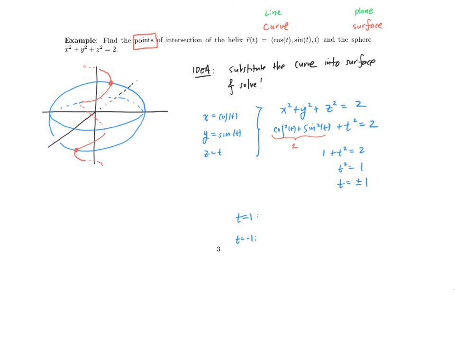The point corresponding to t equals 1 would be cosine 1, sine 1, 1. And for t equals minus 1, it would similarly be cosine minus 1, sine minus 1, and minus 1. Because cosine of 1 and sine of 1 are not common values, the best we can do in terms of exactness is leave it in this form.